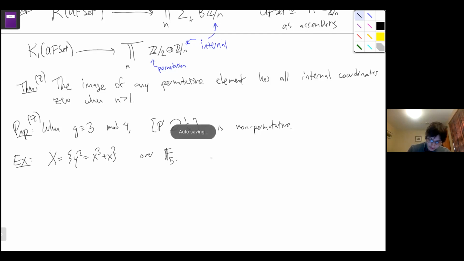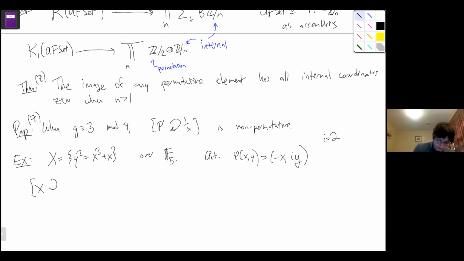We're going to take the automorphism phi of (x, y), the automorphism of order 4, which is (negative x, iy). In this case, i equals 2, since we want the square root of negative 1. Then this X with phi acting on it is non-permutative.